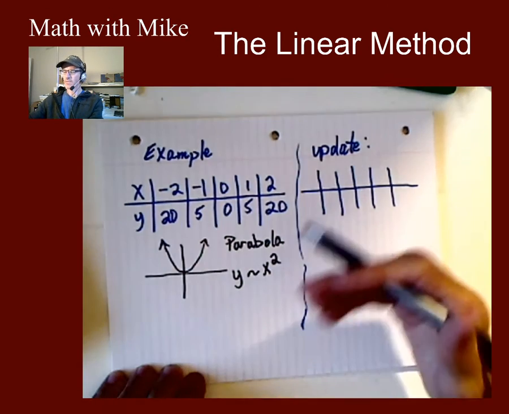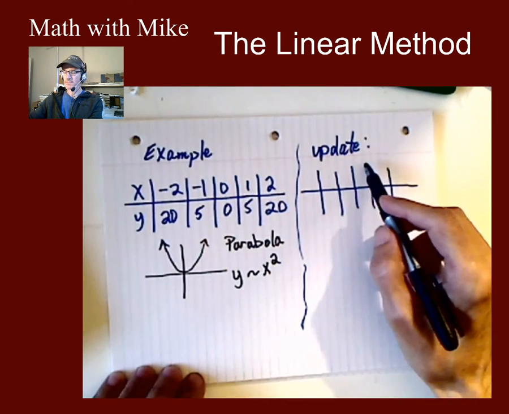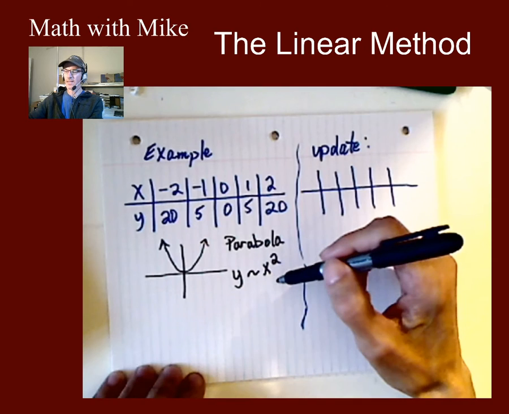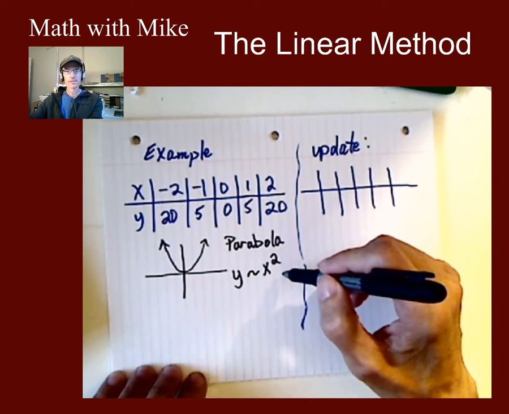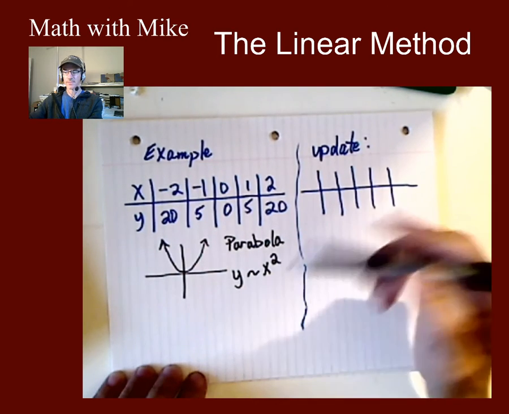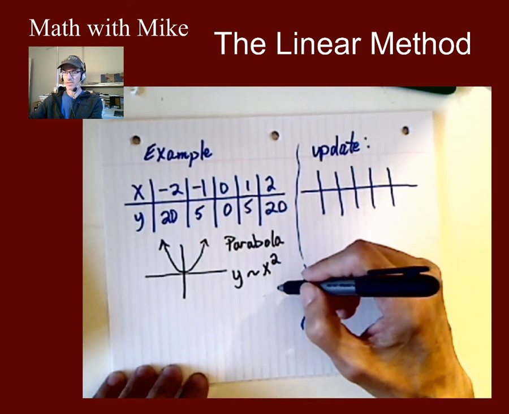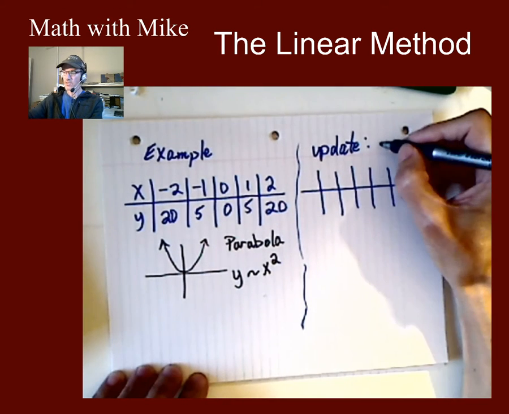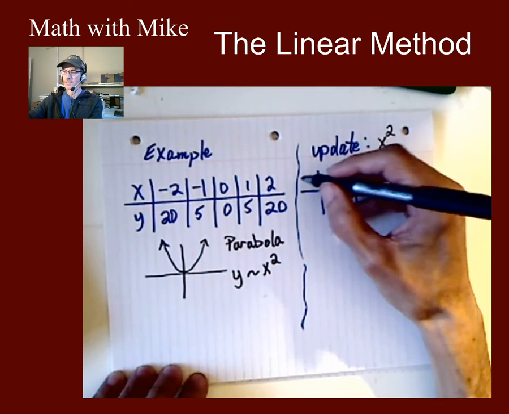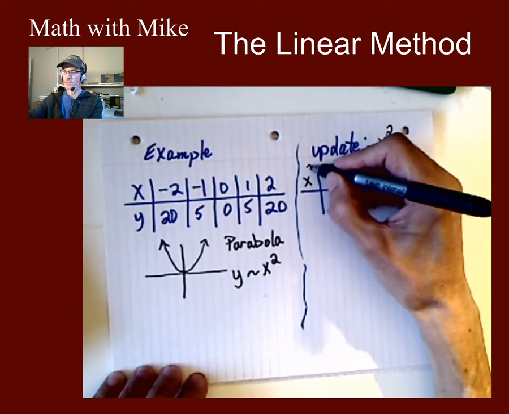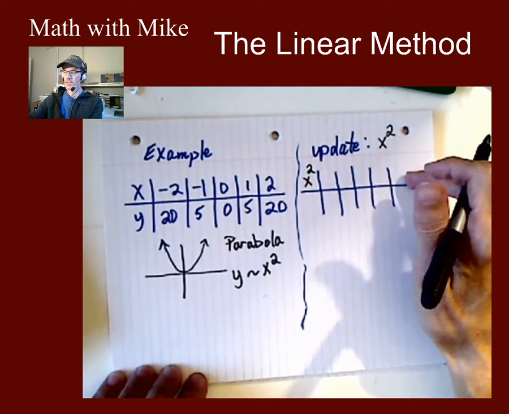So the next step is to update the x values so that they match the relationship we have here, so that they use the parent function that we see. Okay, so the update from x is going to be to x squared. So that means we're going to have x squared values in here.